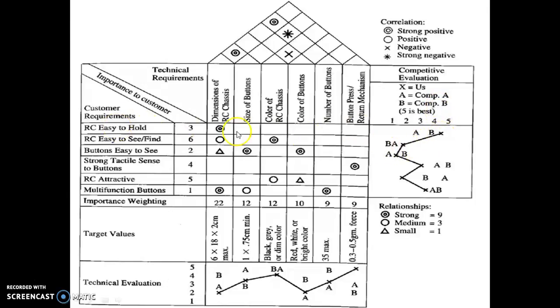So if we have a scale of 1 to 5, our company, which is X, is making a remote control which is easier to hold than the remote controls made by companies A and B, and so forth. We have compared our remote control with all the remote controls produced by companies A and B. Then here we have the technical evaluation, where we have compared the technical attributes of our remote control with the remote controls produced by the companies A and B.